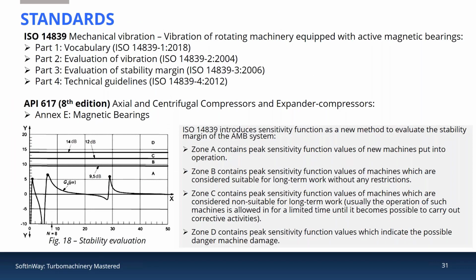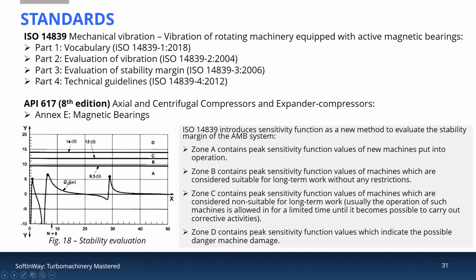It is based on several standards. First, the ISO standard. Evaluation of the safe operation of rotors in AMBs is standardized by ISO 14839, available in 4 parts, which you can see in this slide.